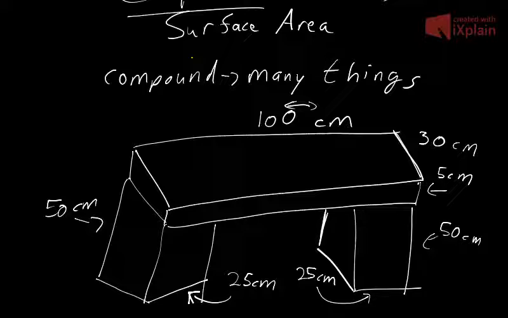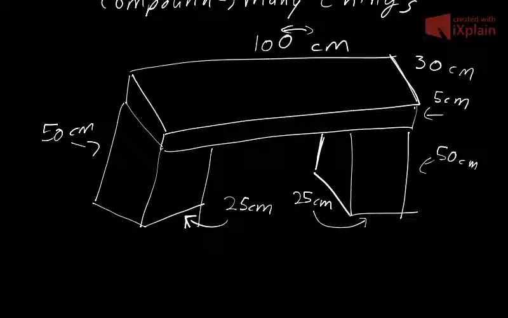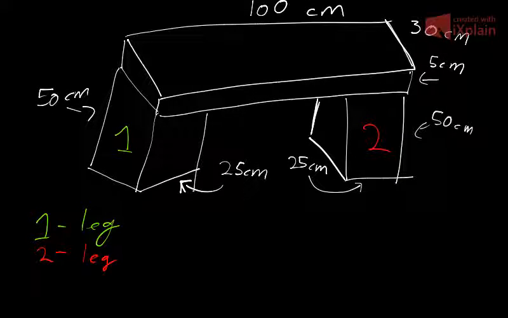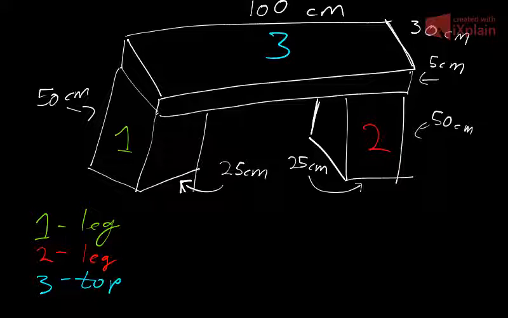All I have to do is find all the volumes of the different shapes. And it's pretty easy to see that I've got 3 different shapes here. I've got one being a leg, my second shape being another leg, and my third shape, which is the top of the desk. So to find the volume, all I have to do is add up all of these volumes.